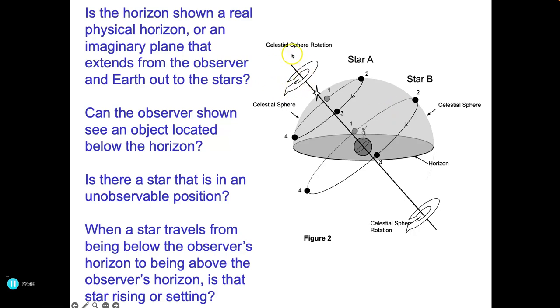The whole celestial sphere is rotating in one direction. Why? Because they're not really moving. The stars aren't moving. It's the Earth that's spinning. And since the Earth only spins in one direction, from our point of view, the stars are going to look like they're going over our heads in the other direction. Right? So when star B goes from below the horizon to above the horizon, it must be rising.